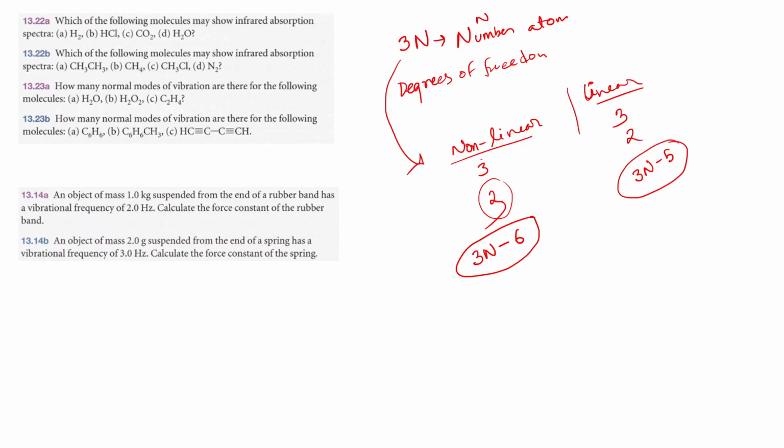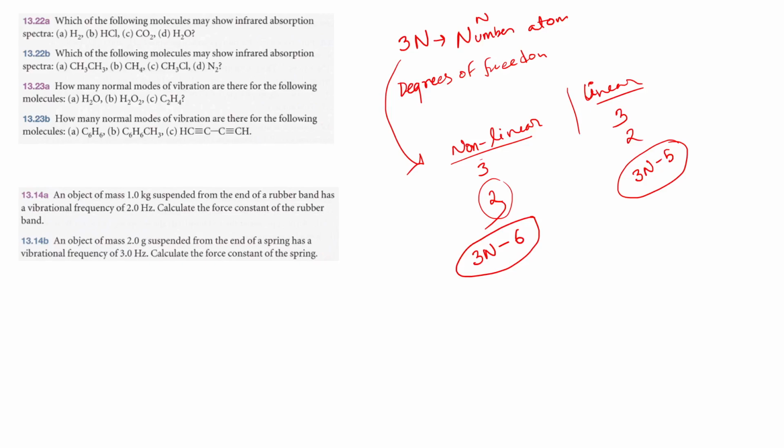So suppose there are stretching, symmetric stretching, then it could be wagging out of the plane, something like that. Those motions are independent of each other, but you can always get a vibration which is a linear combination of all these four.